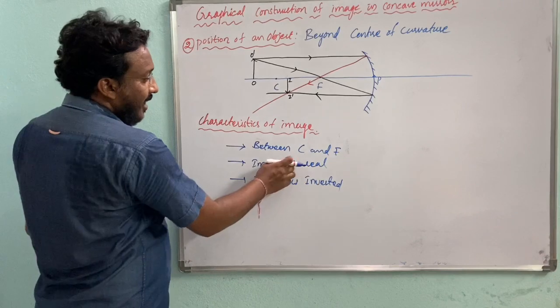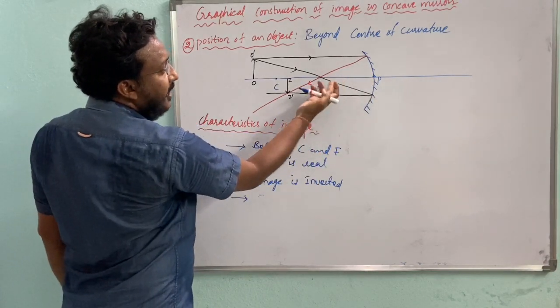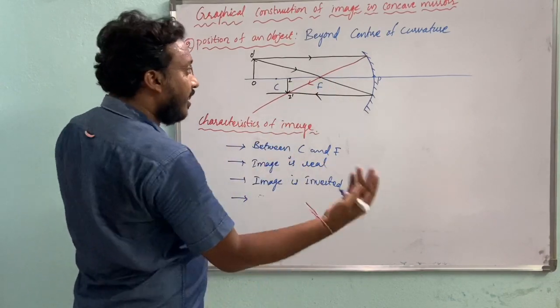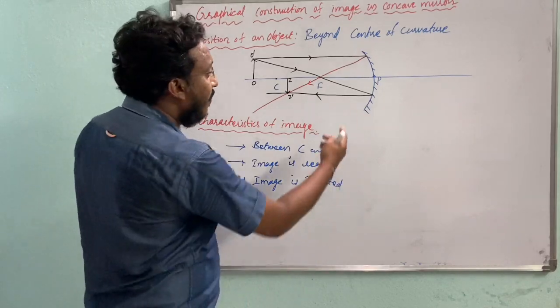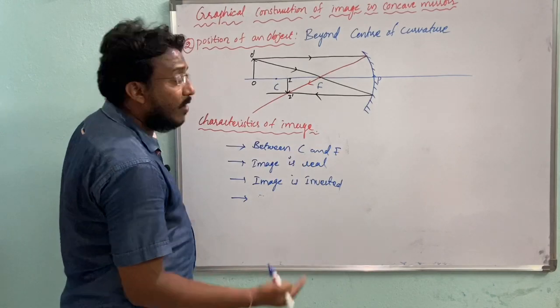Next, is it a real image or not? Yes, a real image. Why? Because the image is formed by the actual convergence of reflected rays, or we can say the image is forming in front of the curved mirror only. That's why we say real image, and real images are inverted images.